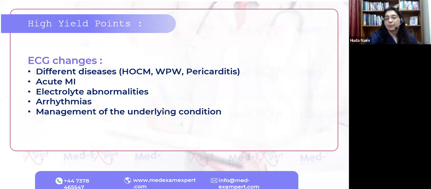Then arrhythmias are very important: ventricular tachycardia, SVT, atrial fibrillation. All of these are very, very important. And how would you manage each condition? If you have a patient with pericarditis, HOCM, Wolff-Parkinson-White disease, MI, electrolyte abnormalities, atrial fibrillation, VT or SVT, how would you manage that?